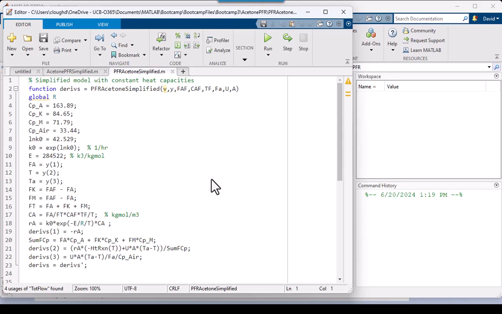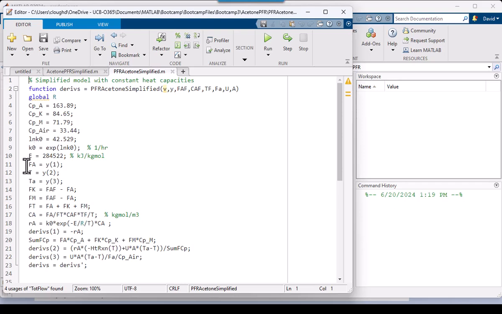So this is PFR acetone simplified. It's not that long a routine. Again, we have our V, we have our dependent variables Y, and we have our extra arguments. And then in this particular case, we specify our heat capacities here, and our kinetic parameters.